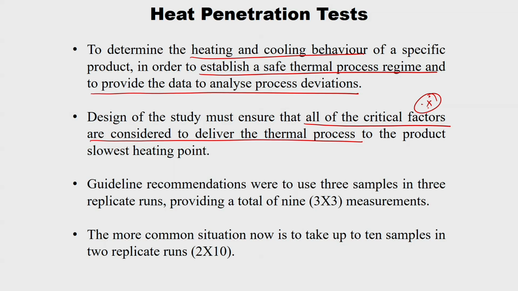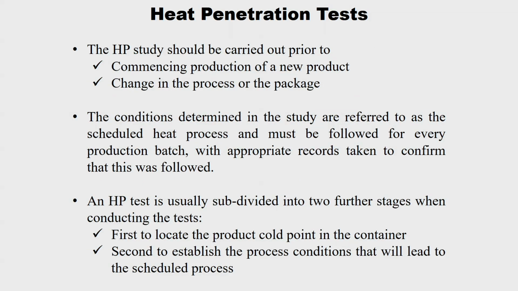Even at the process establishment stage, we are supposed to check 3 samples in 3 runs. This is widely followed, and nowadays they follow 2 runs with 10 samples, right. So, in 10 samples you do it for 2 replicate runs to check whether the F value you established based on the heat penetration test is correct or not.